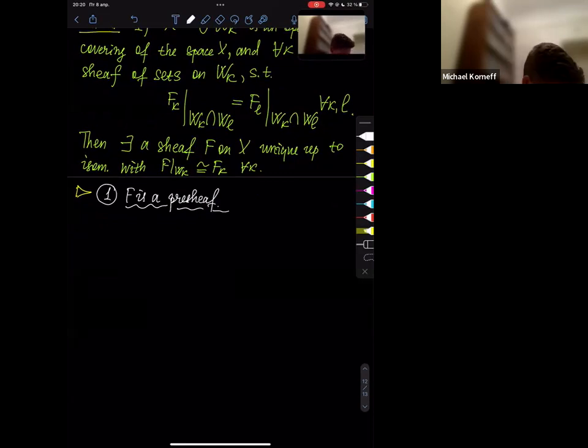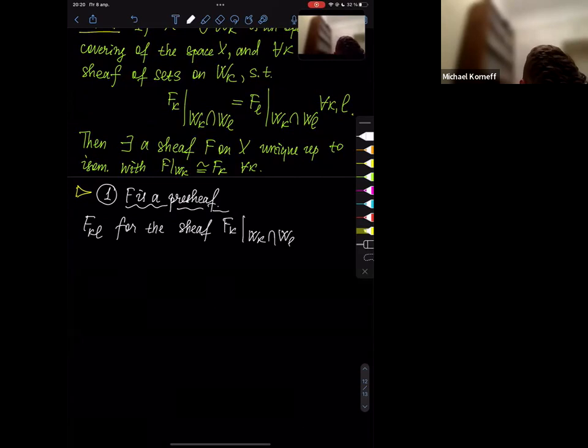We will write F_kl for the sheaf F_k restricted to the intersection.